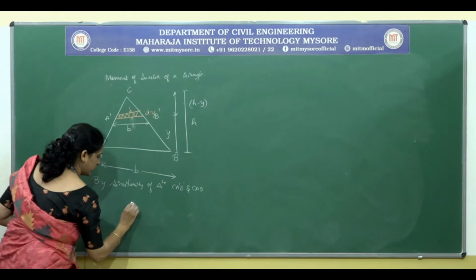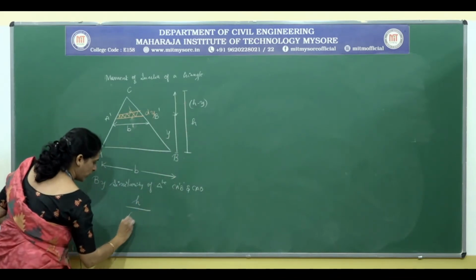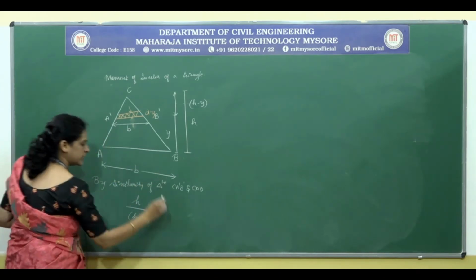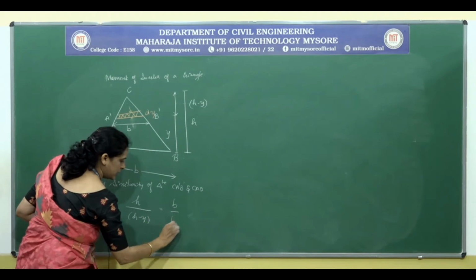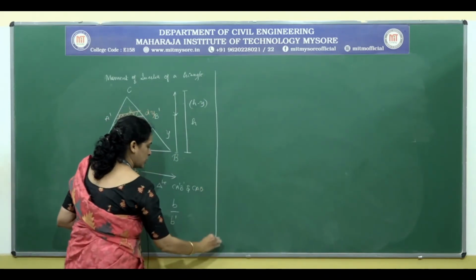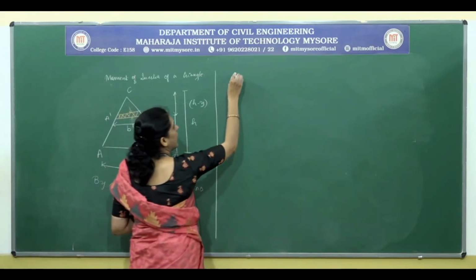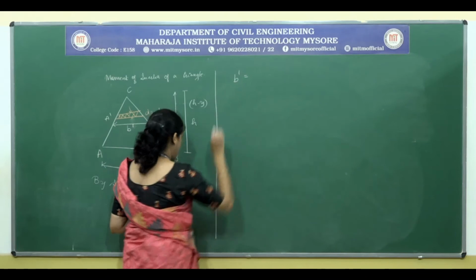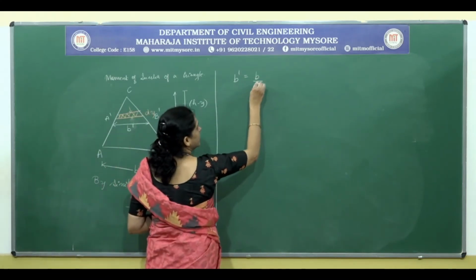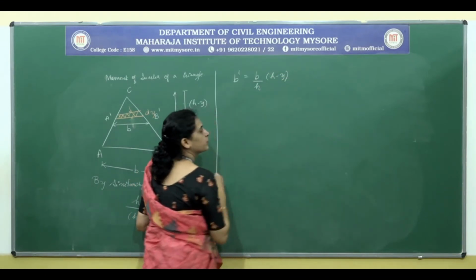The height of the bigger triangle is h, while the smaller one is h minus y. The base here is B and B dash. So we can cross multiply and get the expression for B dash as B by h into h minus y.